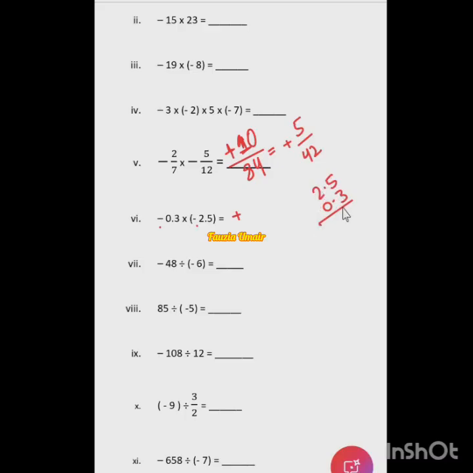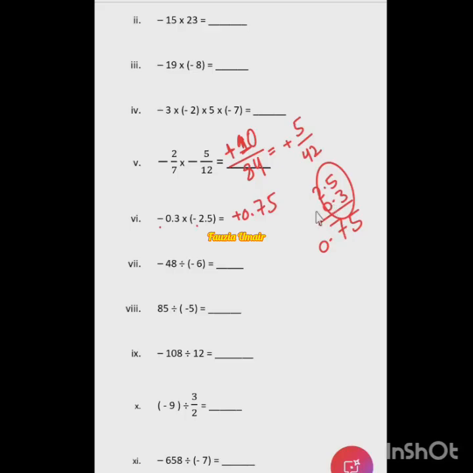Multiply the numbers, right? 25 into 3. So 25 threes are 75. So now we put the decimal back by counting the number of decimal places. There was one decimal place here and one decimal place here. So it means I will put the decimal back in two decimal places, right? So the answer would be 0.75. Are you clear, beta?